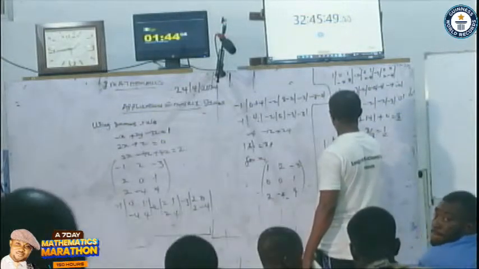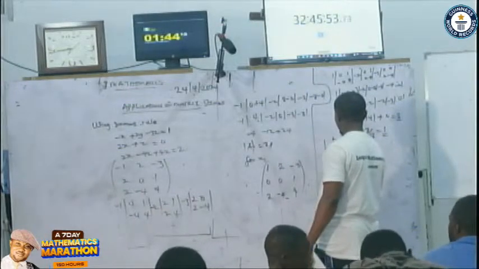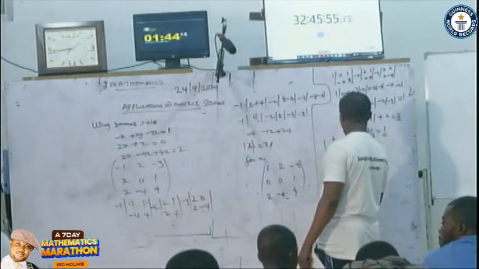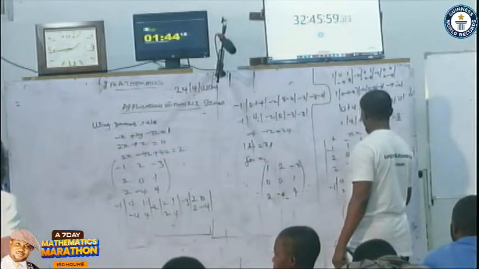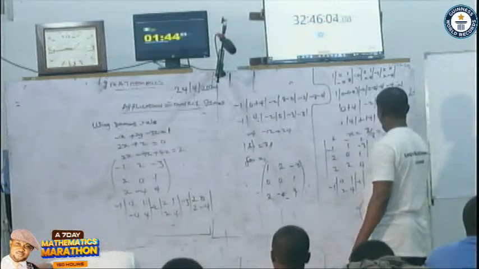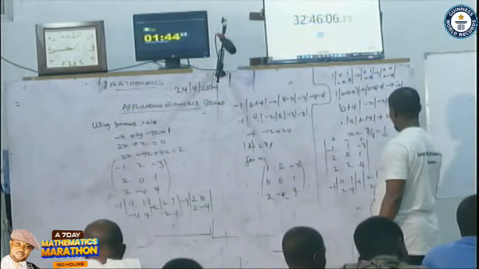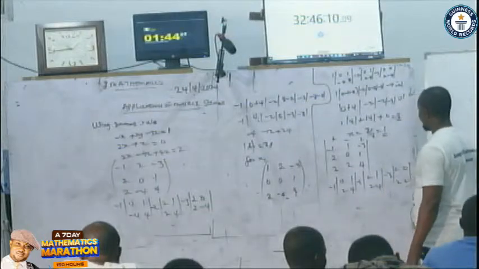It's always plus, minus, plus. So this place will now be 2, 1, 2, 4, minus 3 into 2, 0, 2, 2.